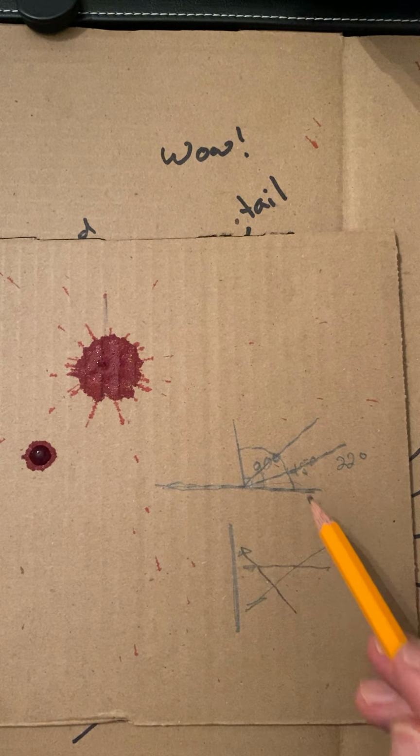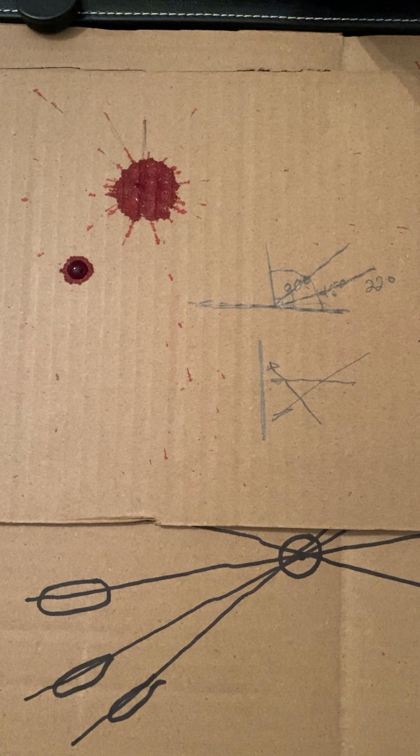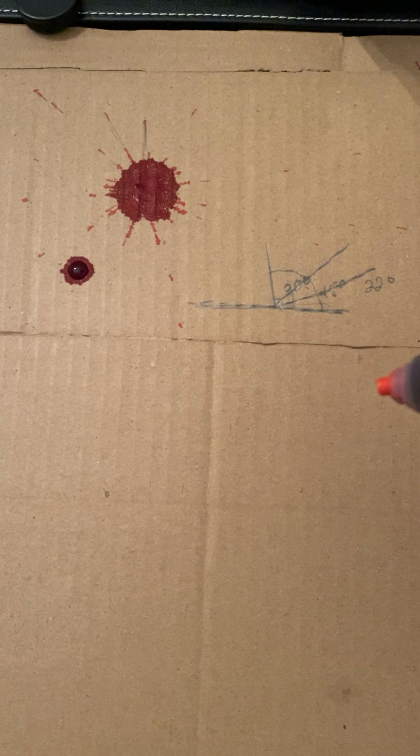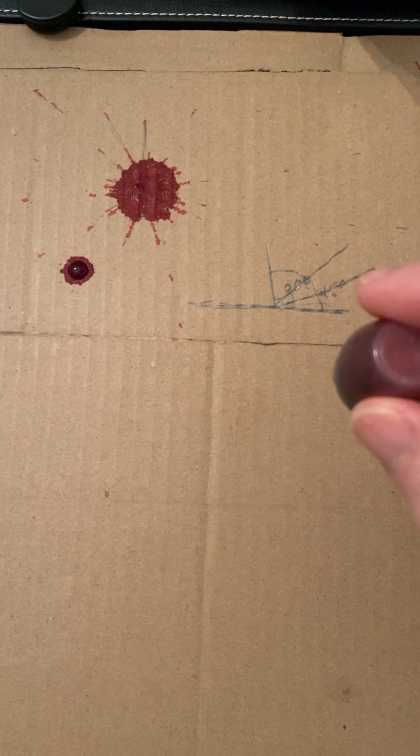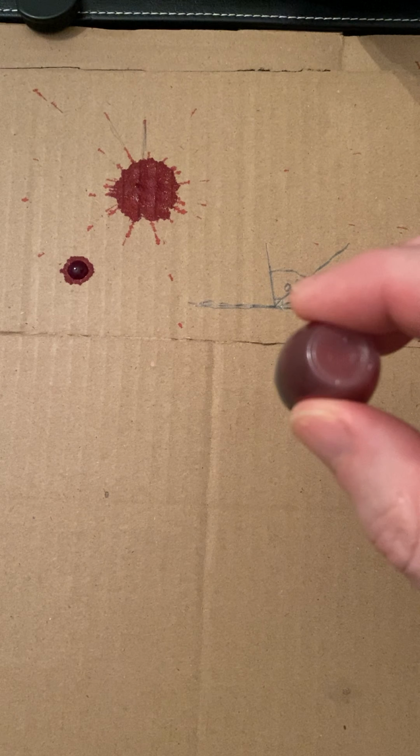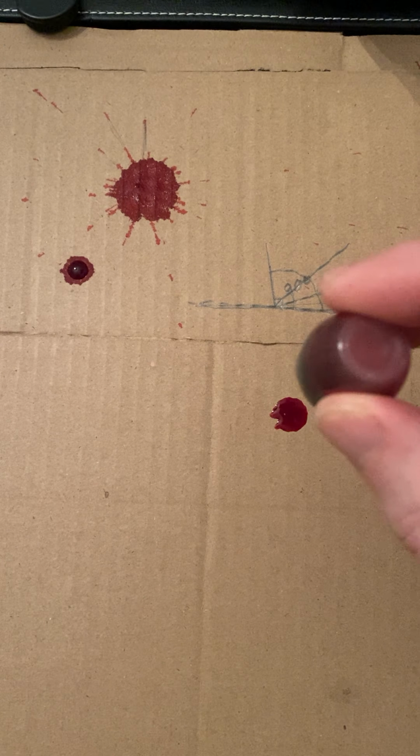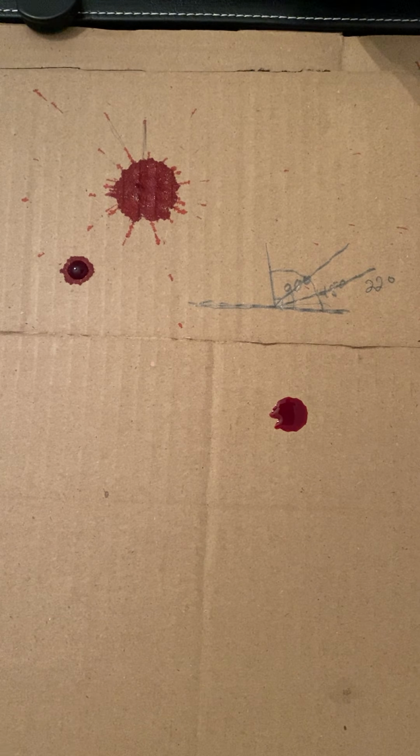So let's set this little doodle aside. I'm going to try to make a couple here. I'm not going to go real high and blow blood droplets all over the place, but I'll do my best. This is what I'm shooting for, 90. Okay, that's pretty circular.